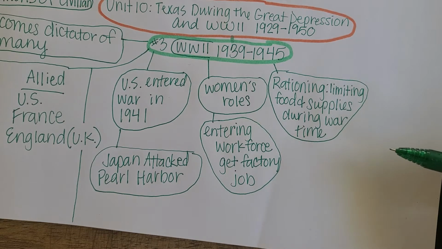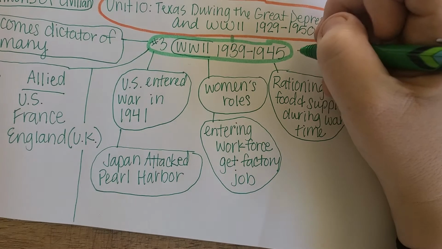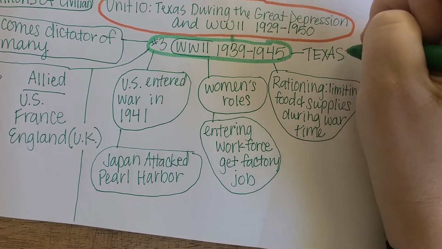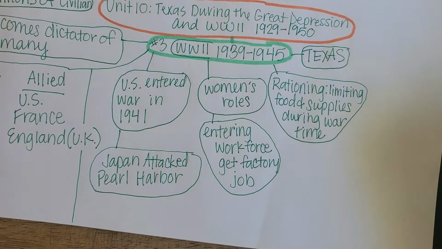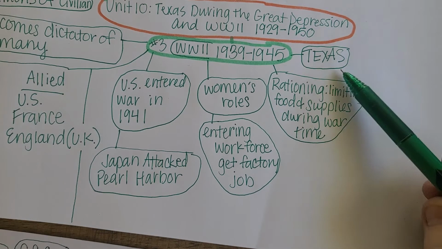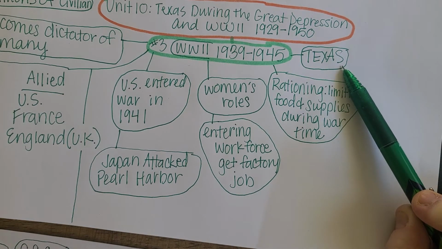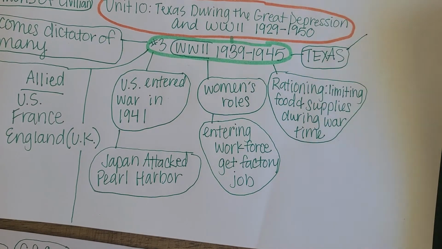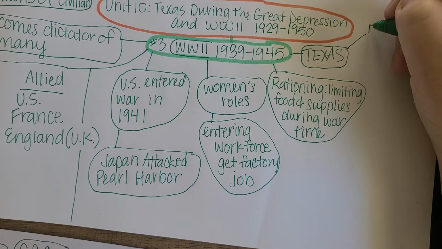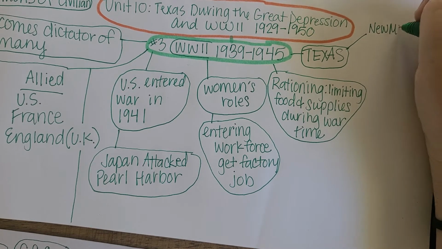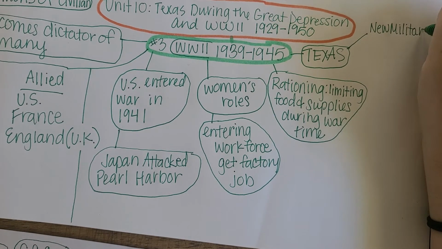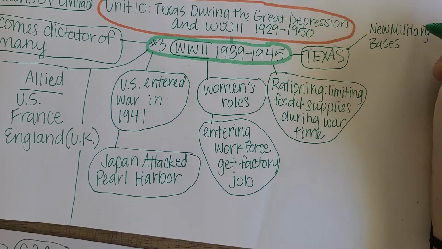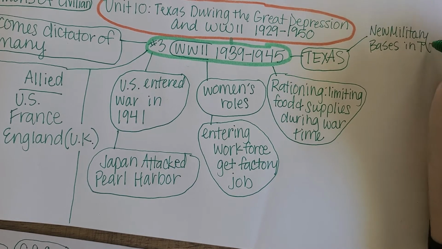Okay, now if we were to look just at Texas, Texas's role in World War II is what we're talking about. There was no fighting that happened in Texas. We know that because the fighting was in Europe. But it did affect Texas because we have new military bases in Texas during this time.